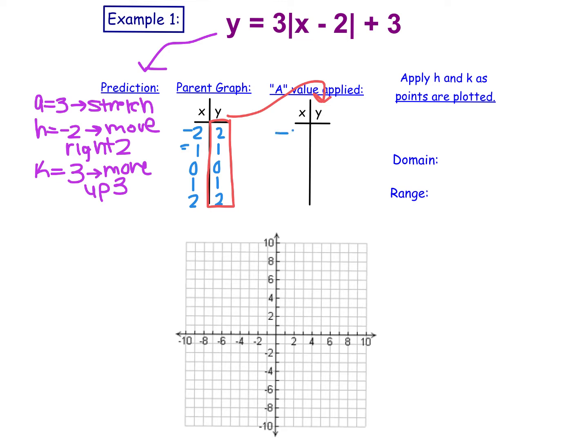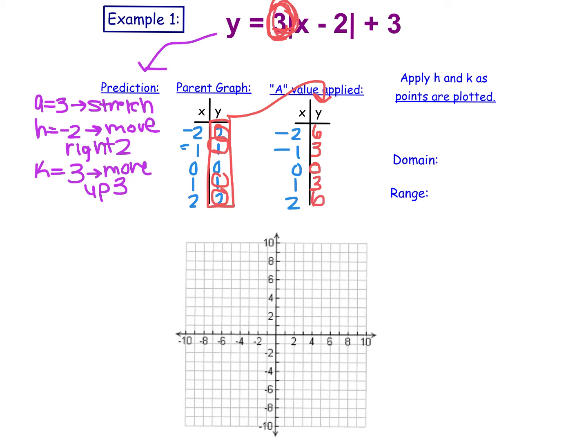So my x values are going to stay the same, and I'm going to take each one of these y values. So for example, this 2. 2 times my a value of 3 is 6. 1 times my a value of 3 is 3. 0 times my a value of 3 is 0. 1 times my a value of 3 is 3. 2 times my a value of 3 is 6.